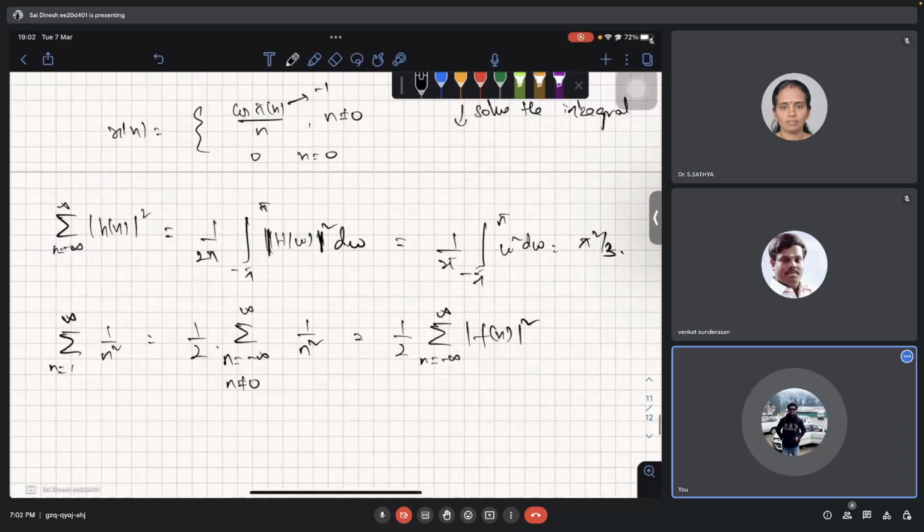It is minus 1, right? So x of n square is equal to 1 by n square, exactly. So this is what you need to find. So you get the final answer, which is half of pi square by 3, which is equal to pi square by 6.